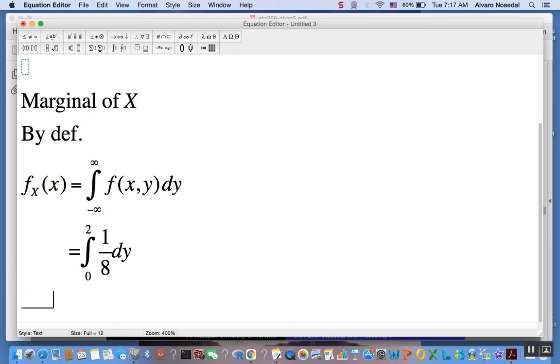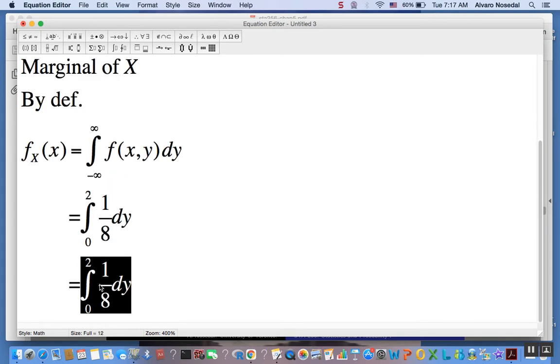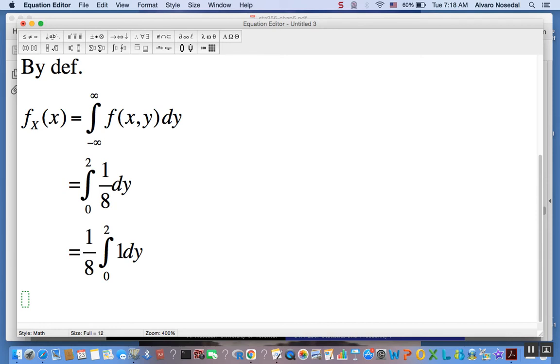So we're going to have something nice here by the linearity of integrals. We just factor that out. This is a 1/8 clearly. The integral with respect to y of 1 is just y, right?